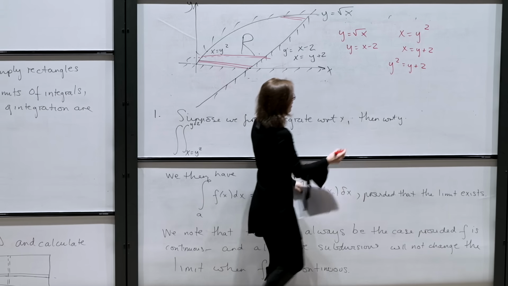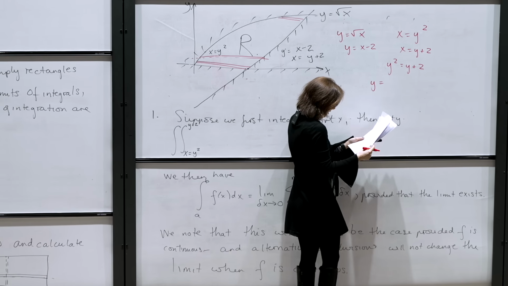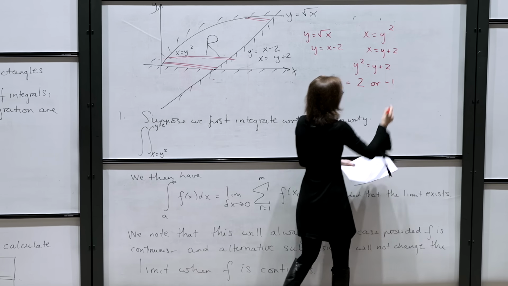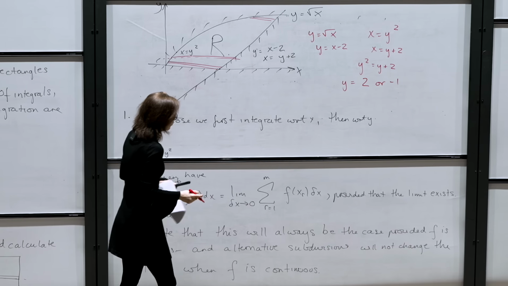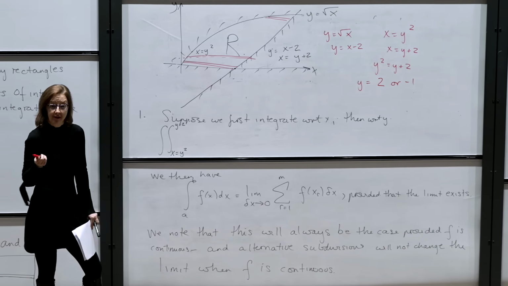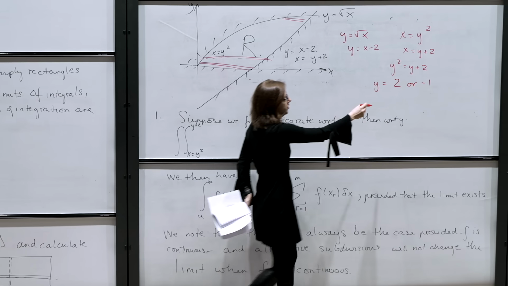And so that tells you y is equal to 2 or minus 1, I think, are the solutions of that problem. Clearly y is positive because I'm going up into this part of the plane, so I don't want this solution.